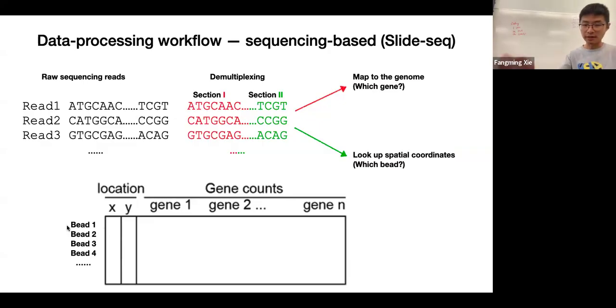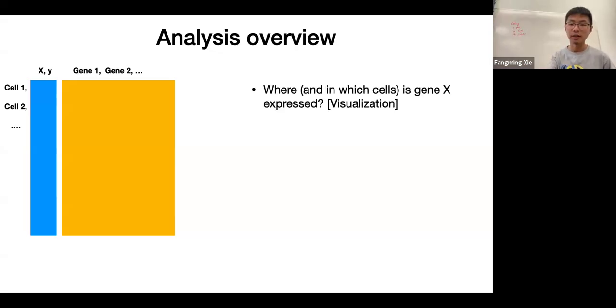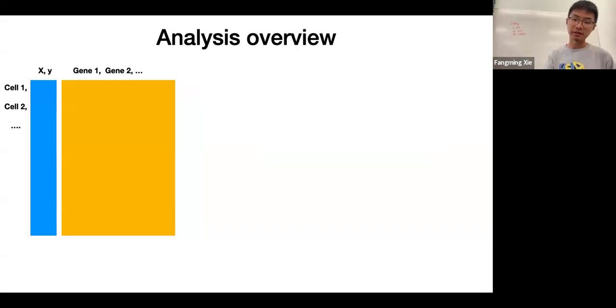Okay, so essentially they all come down to the same thing: the cell by gene matrix plus spatial location, and that's the table we are going to work with today and tomorrow. So we will be doing a few exercises, probably 4 to 5 coding exercises, to learn to extract information from this table.